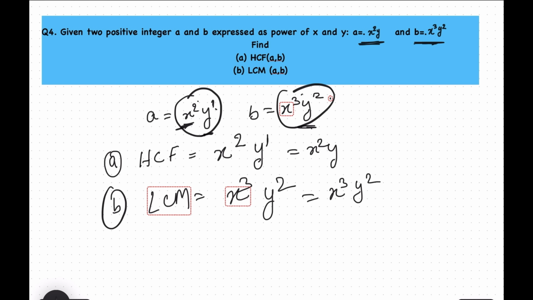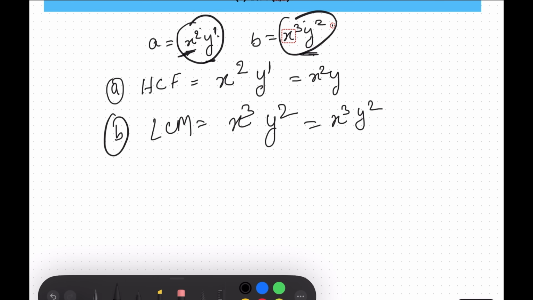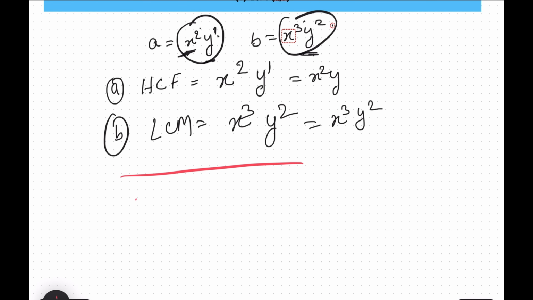I'll tell you one question in a simple way. Let me change the color of the pencil. Suppose we have a question something like that. A is given as x cube y to the power 5, and B is given as x square y to the power of, suppose, 7. Then what will you do?